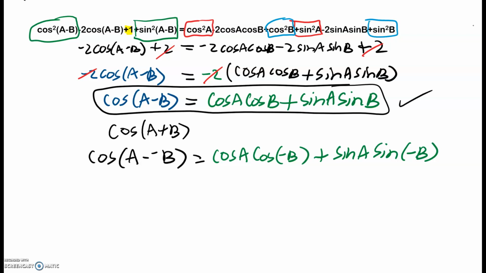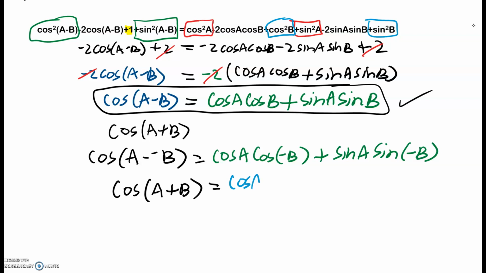Basically at this point, we have the cosine of A plus B because a negative becomes a positive. So that still remains over here.